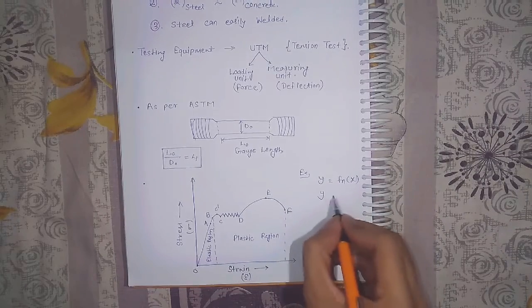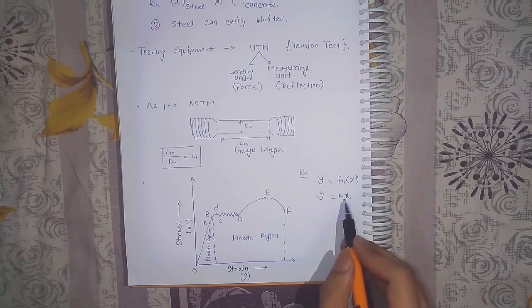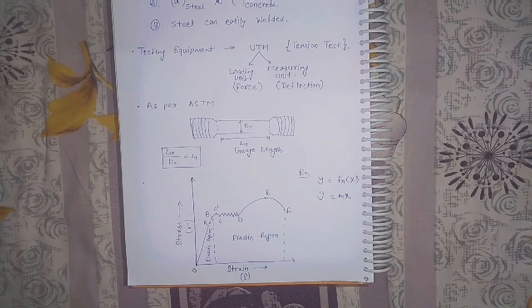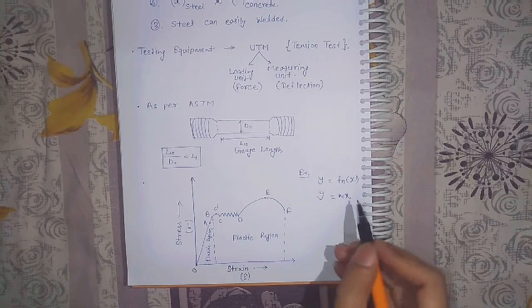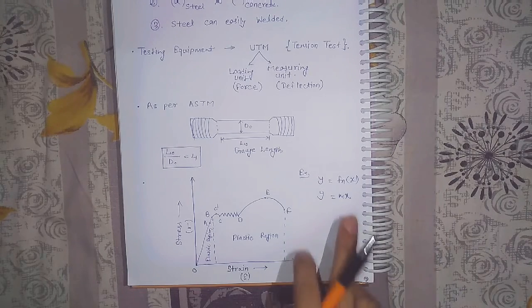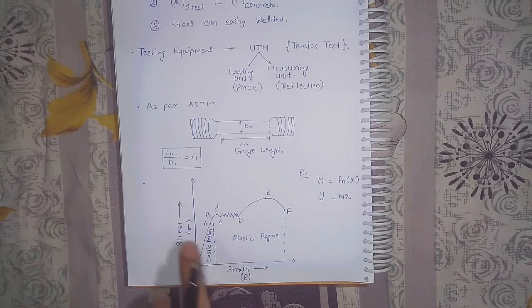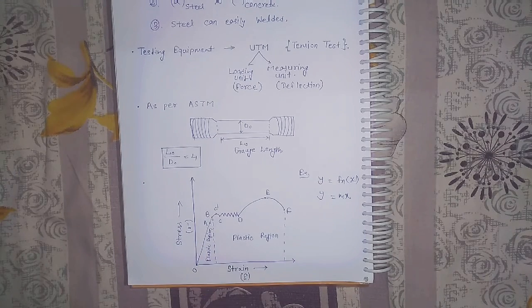If there is a linear variation between y and x, then y equals m into x. If linear variation is not there, then we will have x square, x cube, whatever. So y equals mx: the value of x is changing, y is changing. The y is dependent on x. Similarly, strain we can calculate. In the first lecture we talked about why stress is not calculated directly. Strain can be calculated, and from strain, applying Hooke's law, you can compute the stresses.